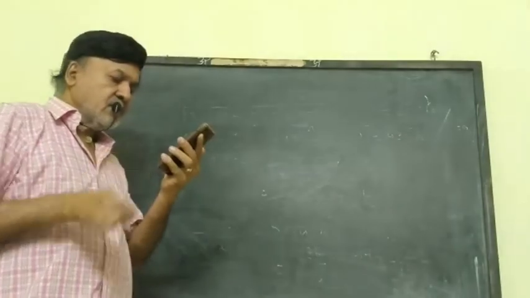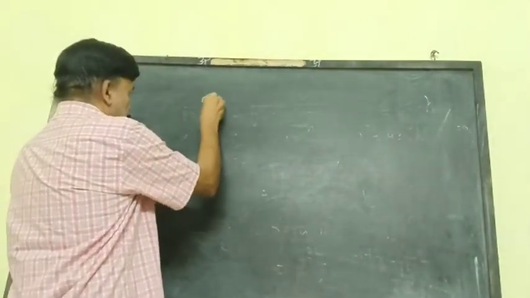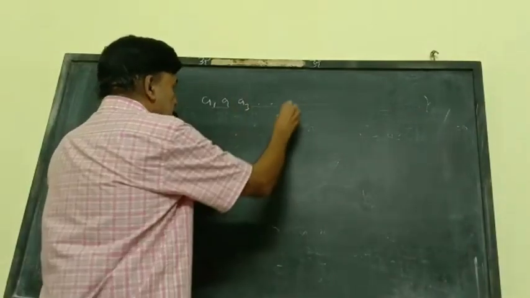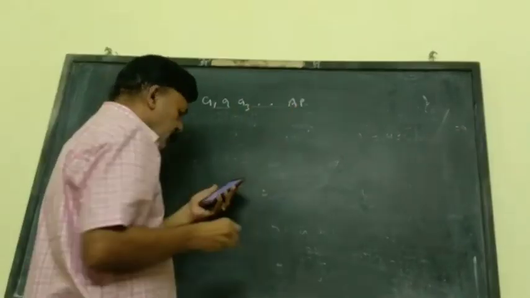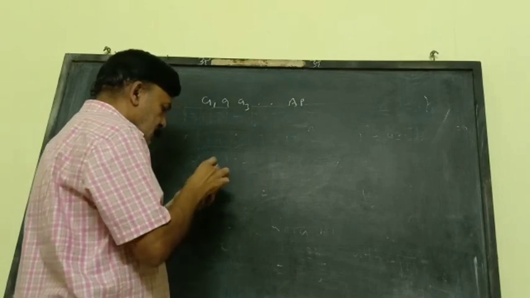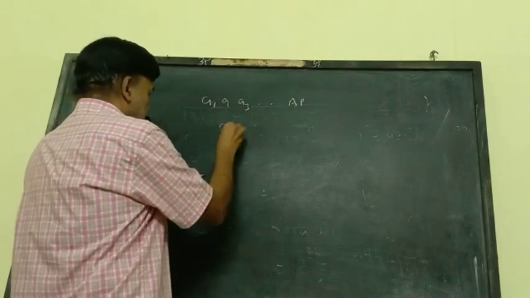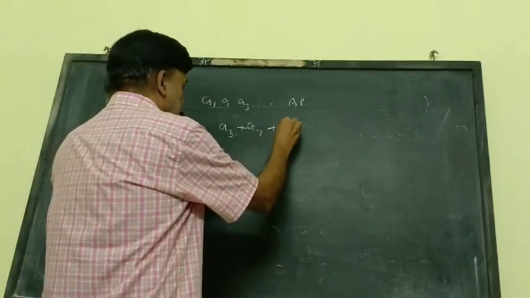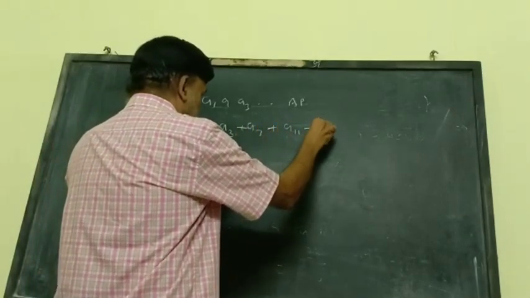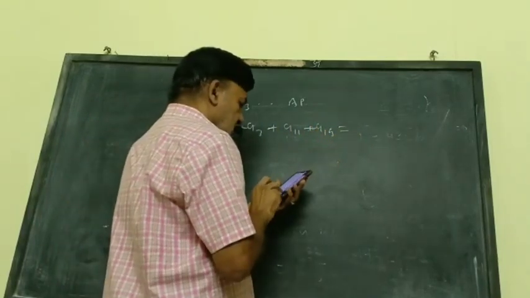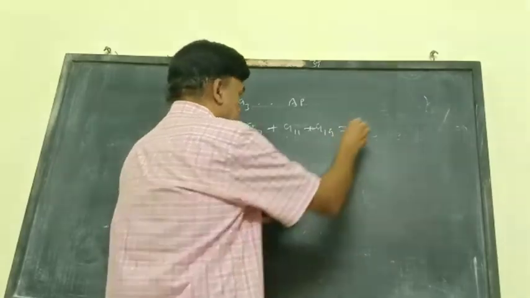Next question. A1, A2, A3, etc. they are all in AP such that A3 plus A7 plus A11 plus A15 is equal to 72.